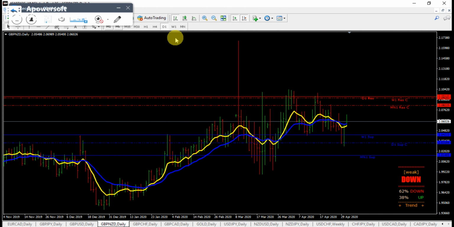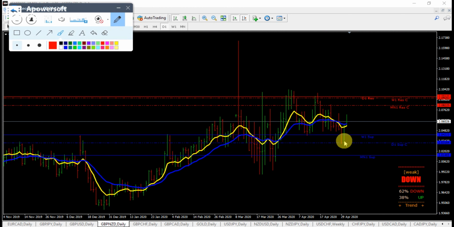The guys who are following me know we earned a very good amount of money from that GBP NZD pair. Last Friday I bought it in the accounts I was managing, at 1.2032, from one of my weekly support levels and one of my daily support levels. As you can see, it went up again.